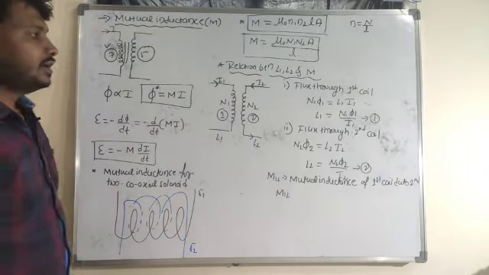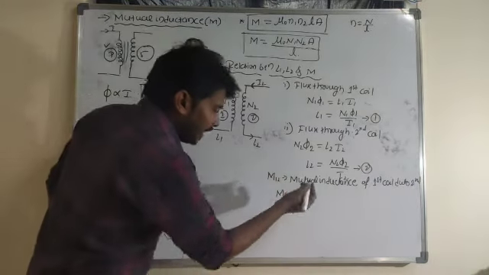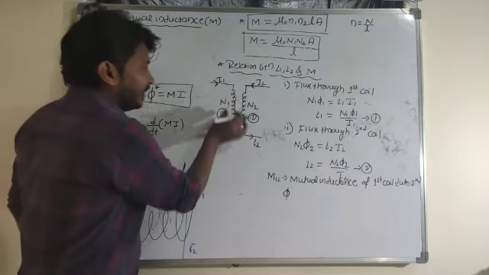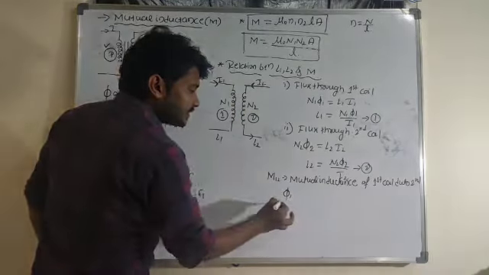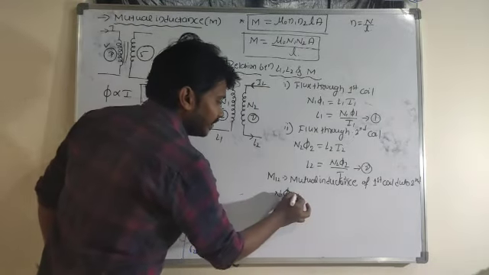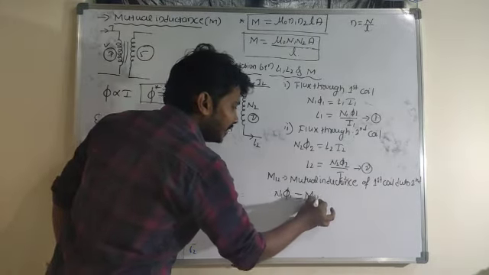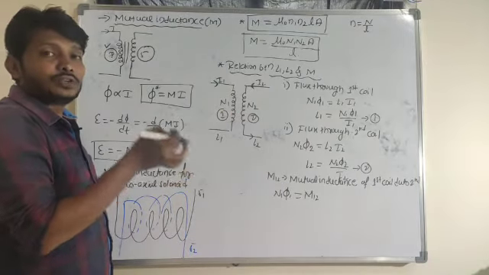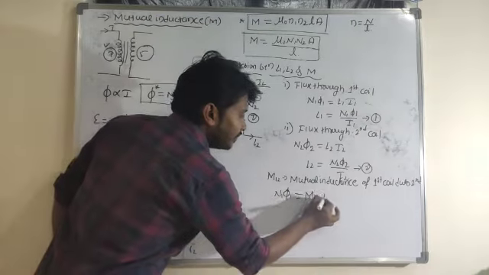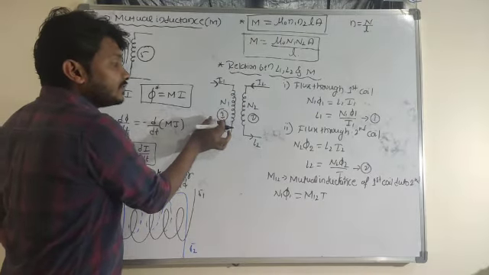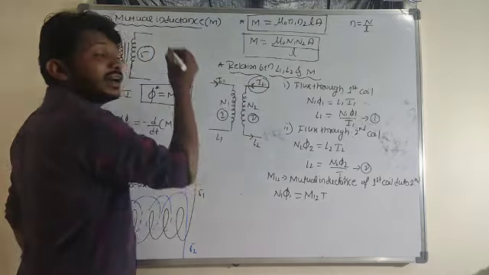So look at here, M of 1 to 2. In the first coil, flux phi 1 is there, and the number of turns is N1. So in the first coil you are getting flux, and this flux is responsible for the current I2 here.